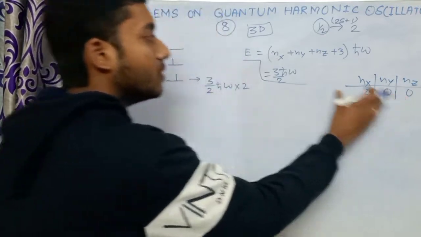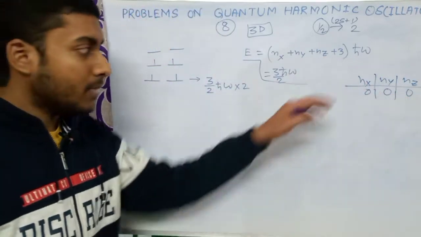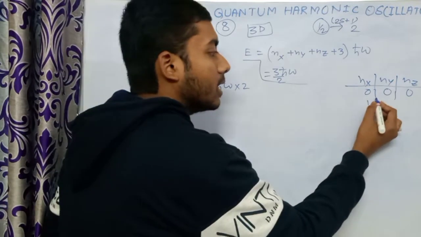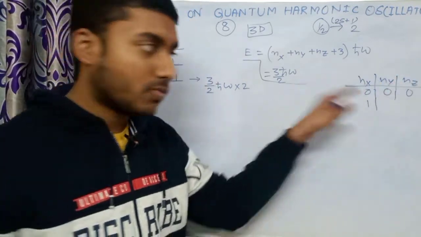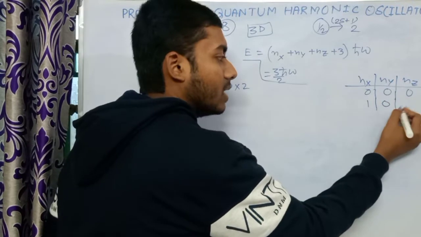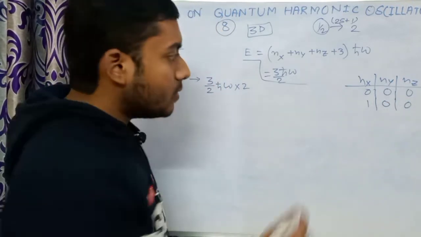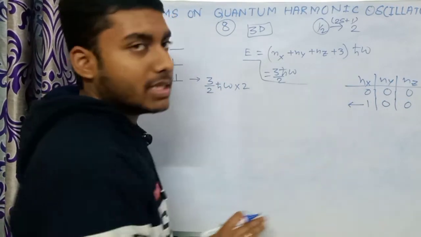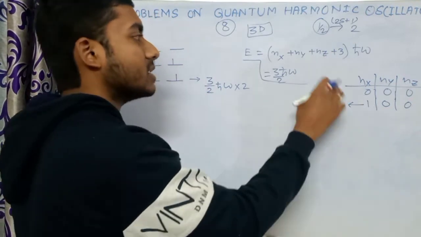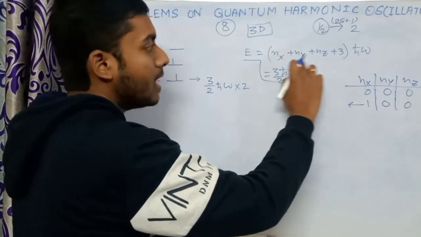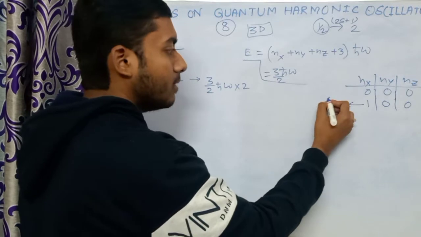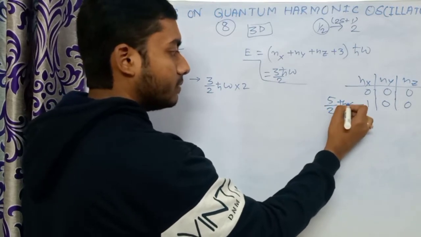When we put 0 0 0, we get the lowest energy. Now when we put 1 in any of nx, ny and nz and the others 0, that is 1 0 0 suppose, then we will get the first excited state, and the energy of the first excited state according to this formula will be 5/2 h cut omega.